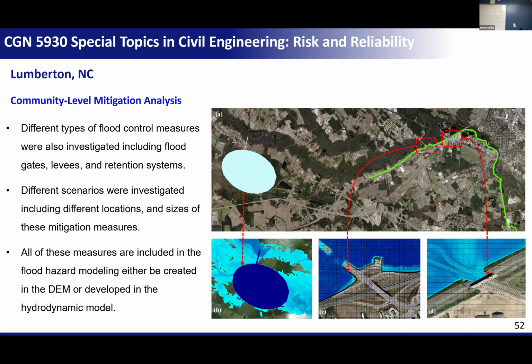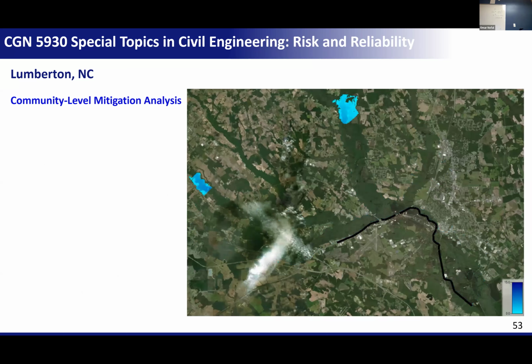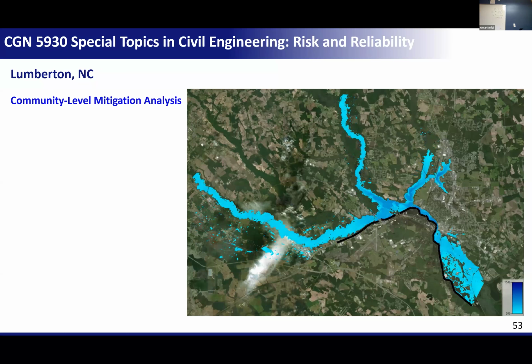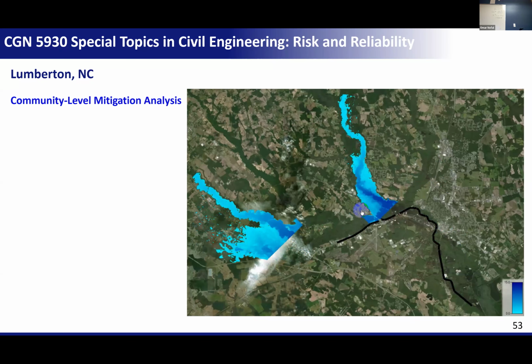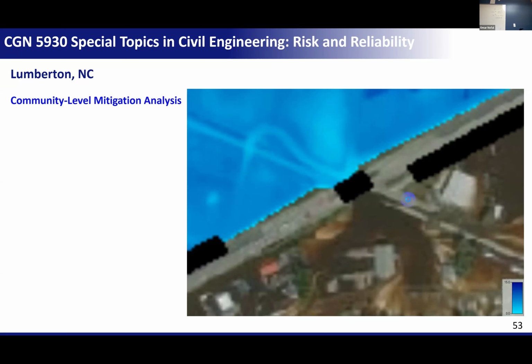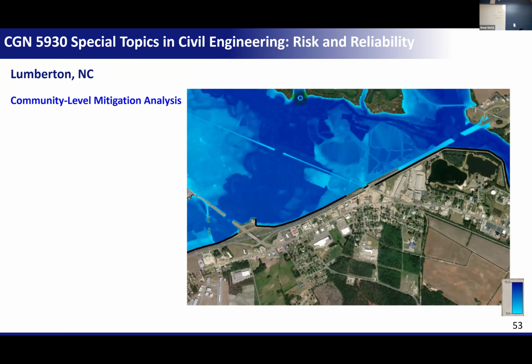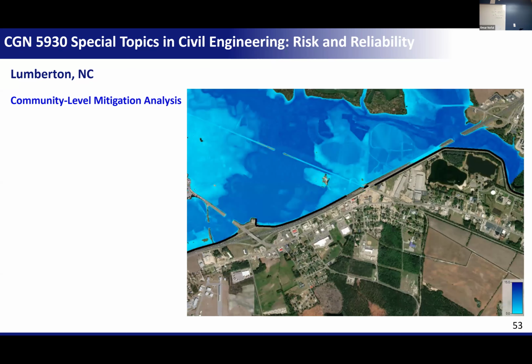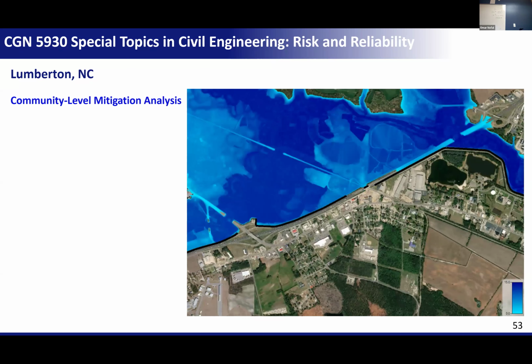Can you see here this black line? All this is a levee. I increased the elevation of this so it doesn't flood the road and it doesn't flood the street. So here it shows, for example, how when I built the gate here, I made a levee all around here just to retain the water behind this levee and protect around 1,900 buildings here.